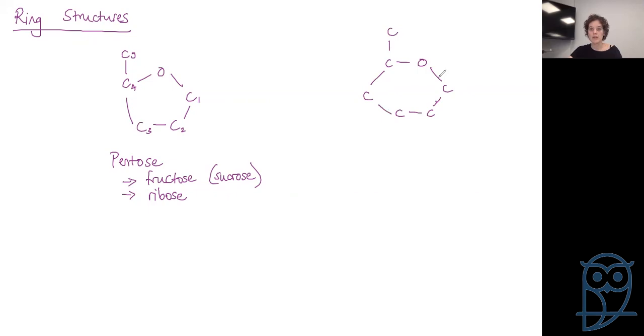Again, we have a ring, and we have our oxygen bridge, bridging with an oxygen to complete the ring. We have one carbon sticking out the top. We can do the same numbering exercise again: C1 is always this one on the right-hand side, then 2, 3, 4, 5, and C6 pops up.